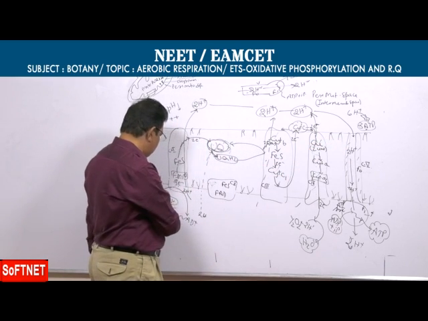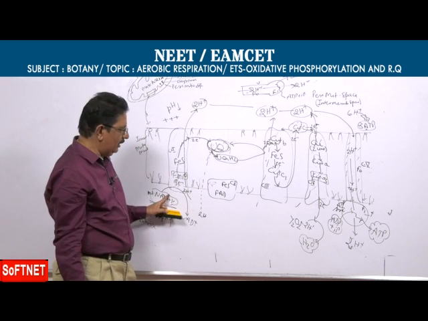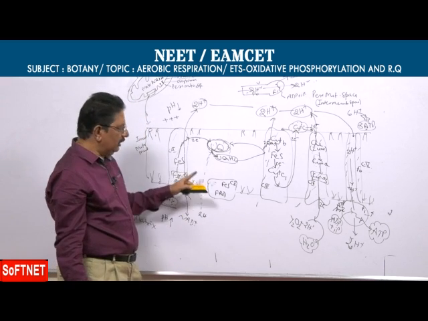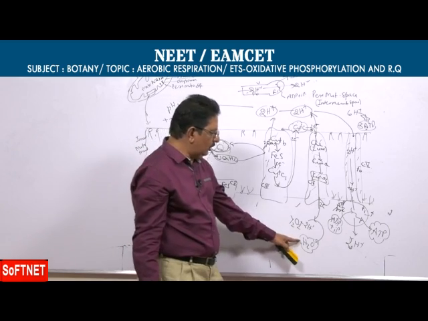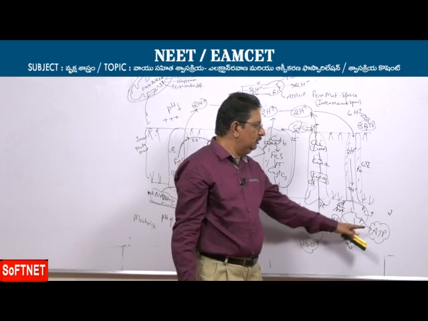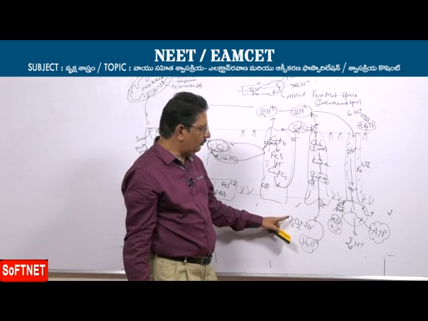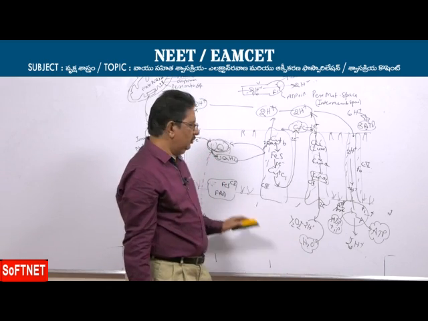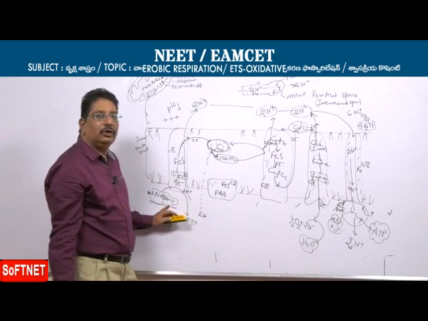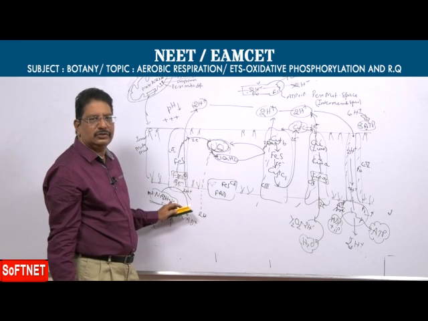So, 1 molecule of mitochondrial NADH oxidation results in formation of 1 water molecule, synthesis of 3 ATP and utilization of half O2. So, like that mitochondrial NADHs are oxidized.